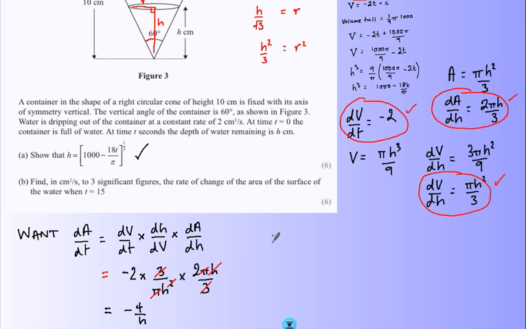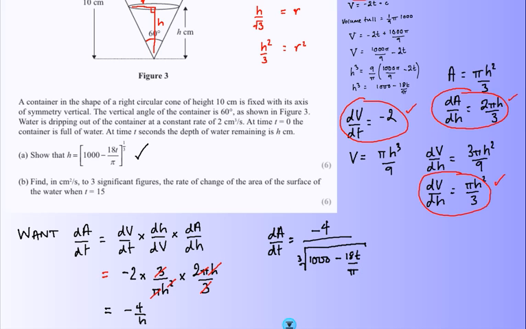So dA/dt equals minus 4 over h, and don't forget h I've got over here, which is the cube root of (1000 minus 18t) over pi.